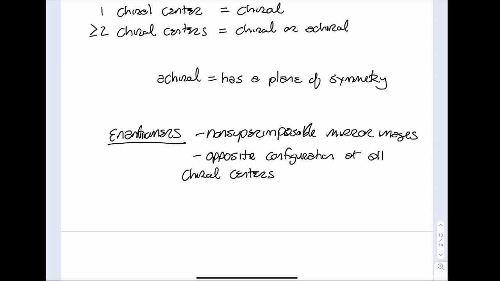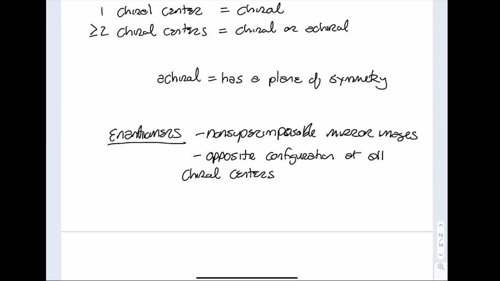I just have to have at least 1 chiral center. So I could have 1 or 2 or 3. It doesn't really matter as long as I don't have 0, right? 0 isn't an option, but I could have 1, I could have 12. So non-superimposable mirror images, opposite configuration at all chiral centers.